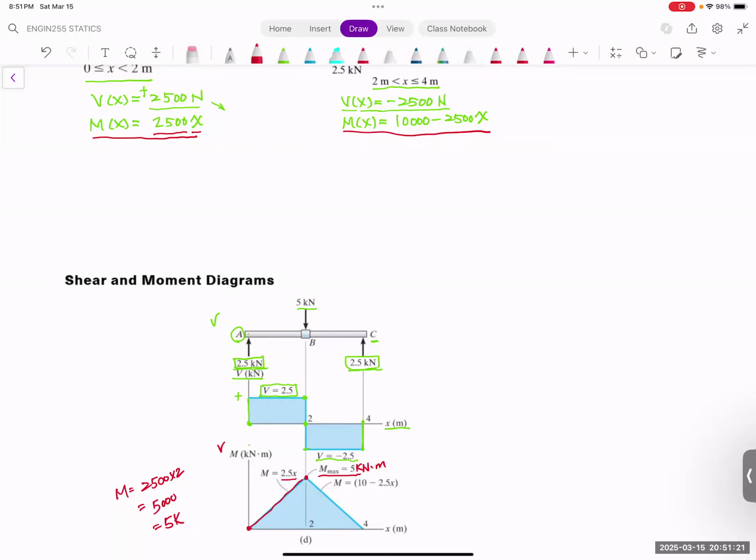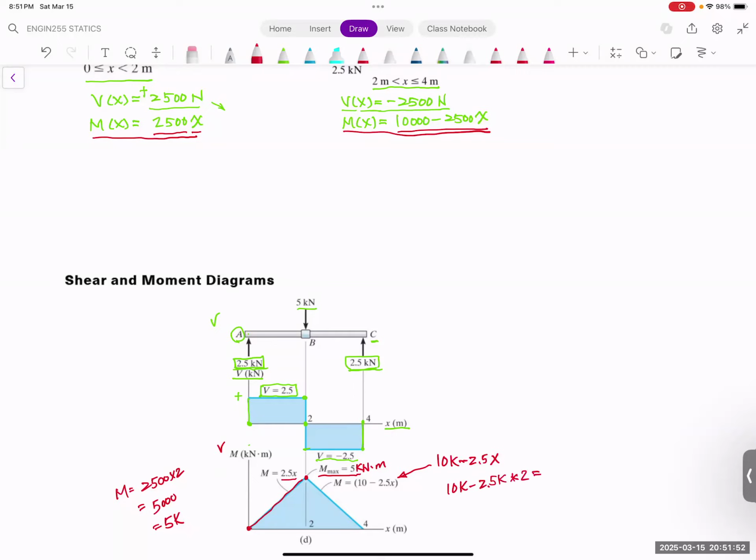Beyond that, you are going to have this equation: 10,000 minus 2.5 thousand x, which is this one here. That means when x is equal to 2, what is the value? You're going to have 10K minus 2.5K times 2.